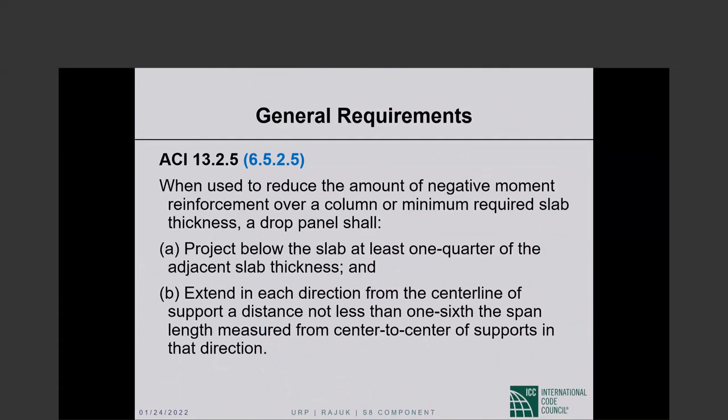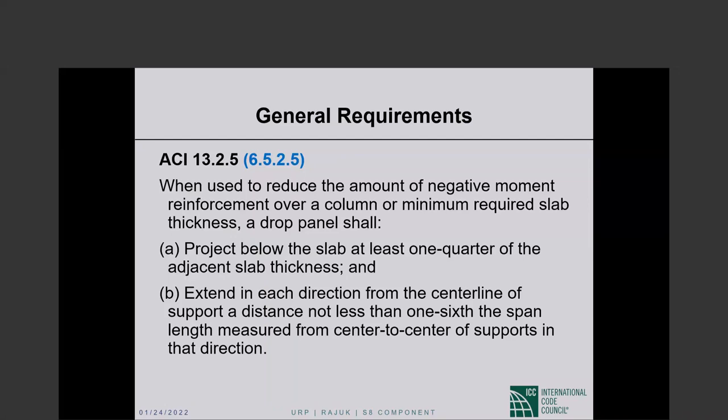Now, the slab thickenings that I discussed with you, when used to reduce the amount of negative moment reinforcement over a column or minimum required slab thickness, are called a drop panel. So the local thickening of the slab, I said, is mainly for reasons of punching shear, but it is also utilized to reduce the amount of negative moment reinforcement over the column or to reduce the minimum required slab thickness outside of the drop panel.